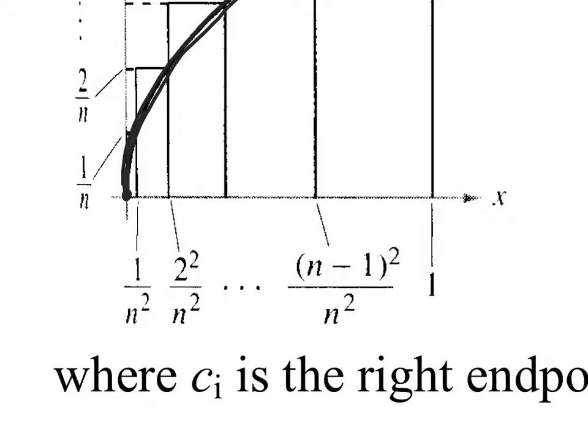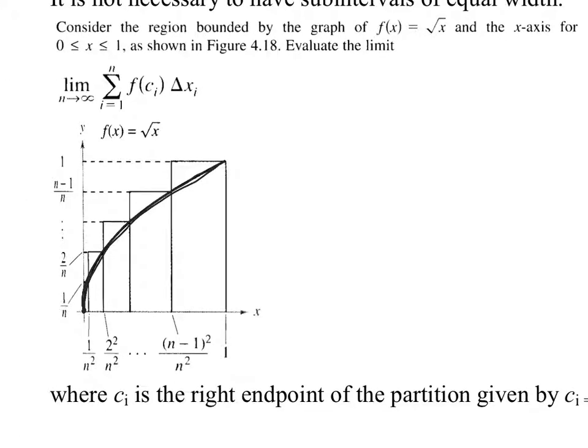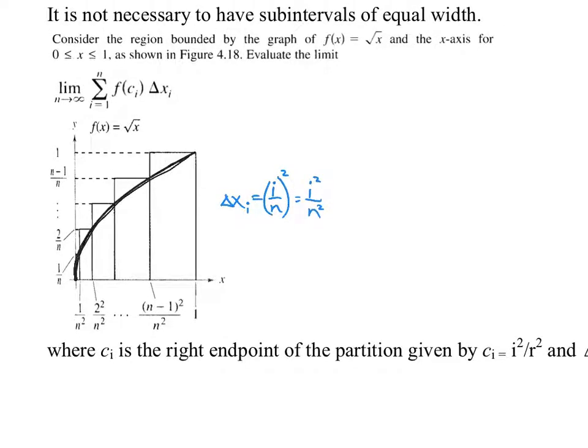And again, for the width, delta x sub i, we can't just say what delta x is. The c sub i is the right-hand point.